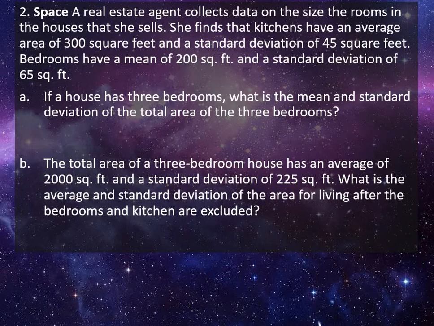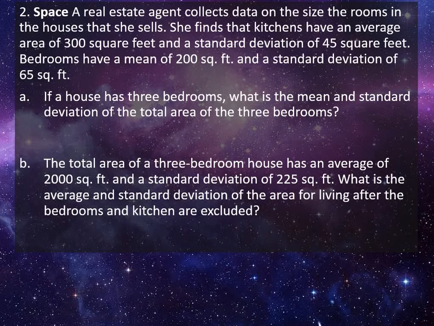Now, is that 3 X's or X plus X plus X? X plus X plus X. So this is the expected value of all 3 bedrooms added together. And the reason why we do X plus X plus X rather than 3X is we're not saying every single bedroom has to be the exact same size.